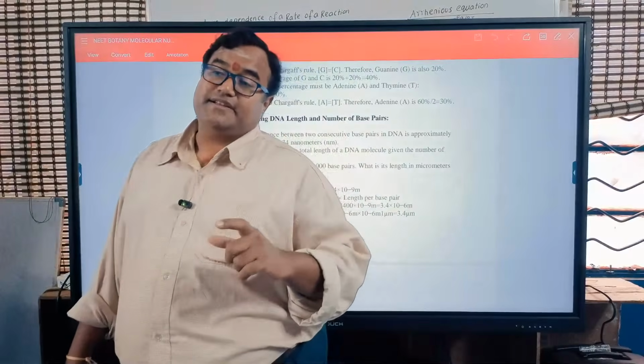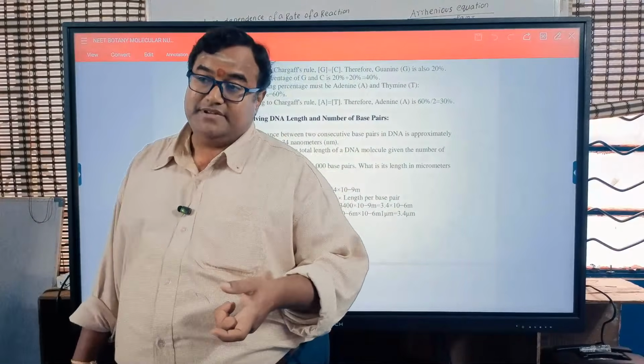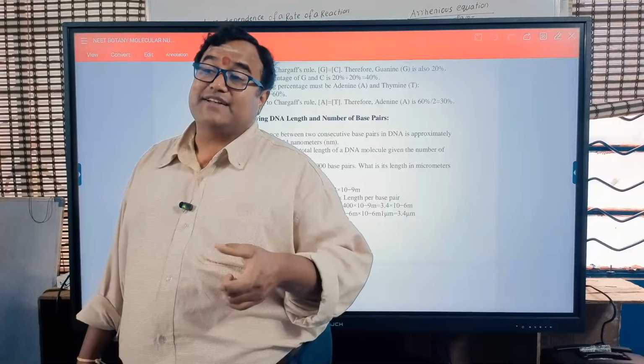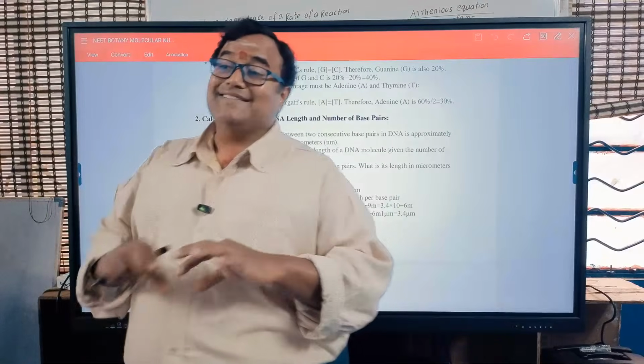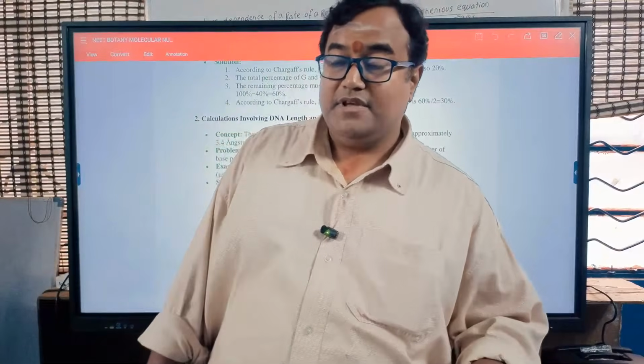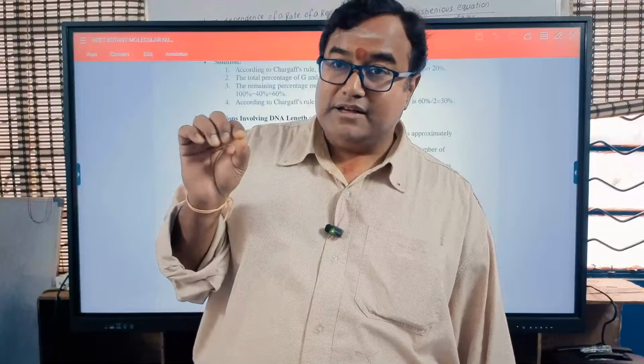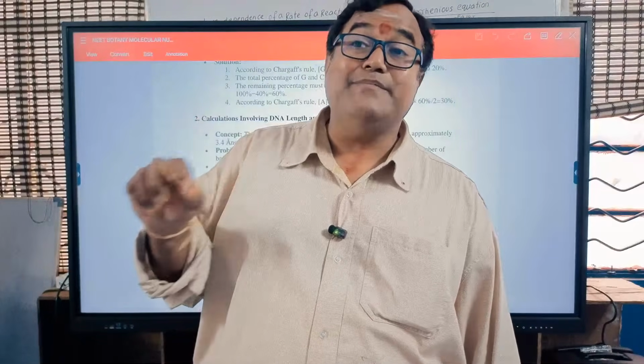By considering the number of base pair per turn and the distance between the 2 base pair, calculate the length of the DNA, like this they will say. Okay, we can't go and fight with them. Why? Because in the NCERT textbook, they give only 10 base pair per turn.